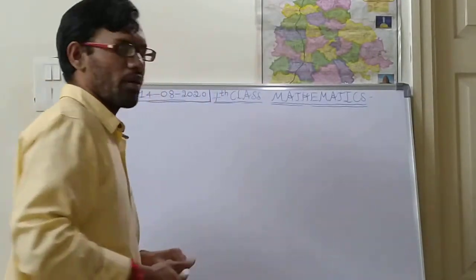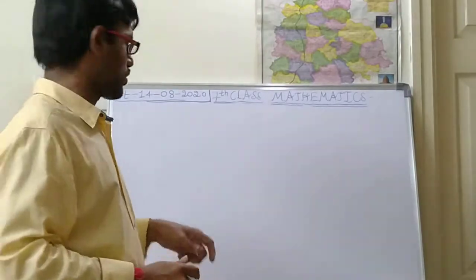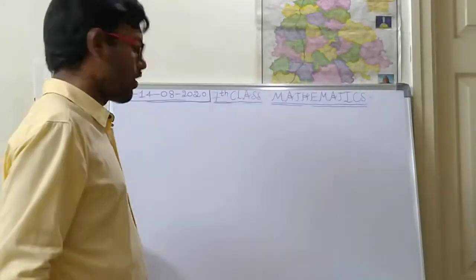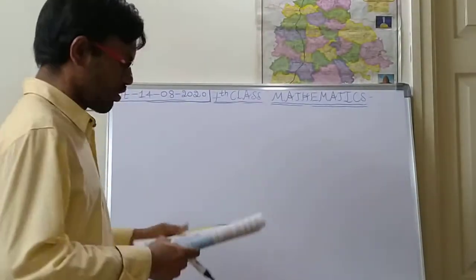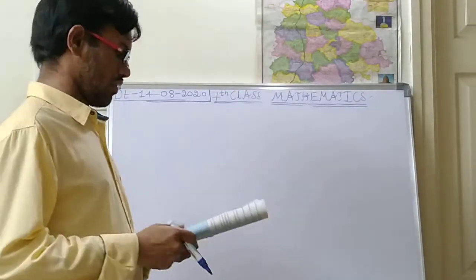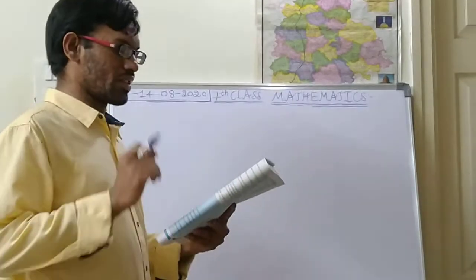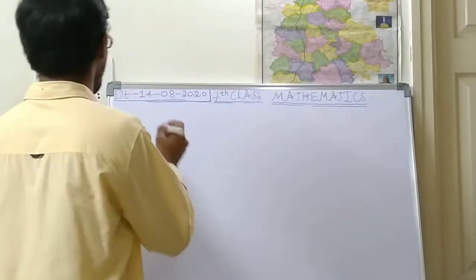In this problem also there will be the unitary method. Cross multiplication and the unitary method will be there. So don't get confused, children. I am reading the question. Just look at this question carefully.